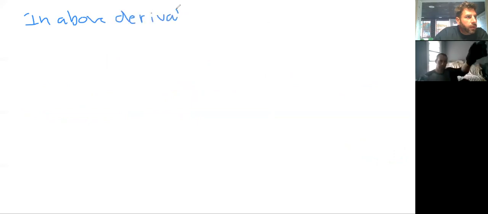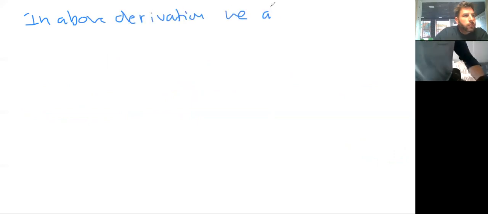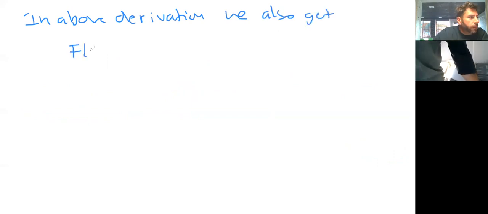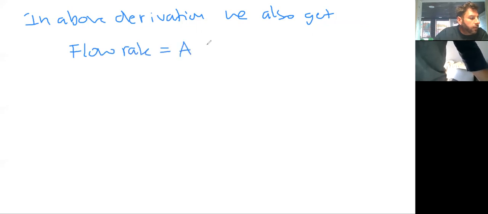And how do we keep things in mind? We remind ourselves of it. So in the above derivation, we also get that flow rate equals area times speed in general.